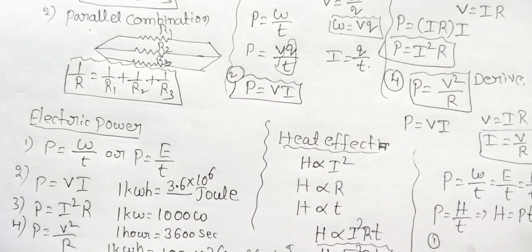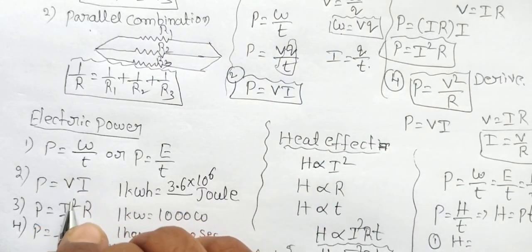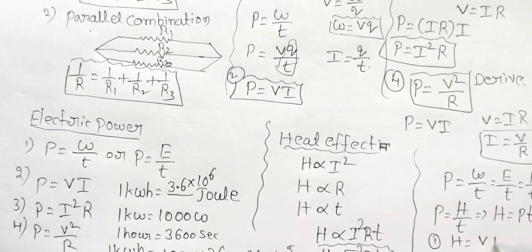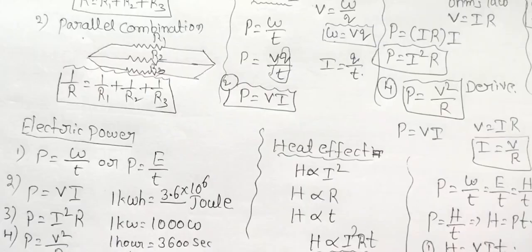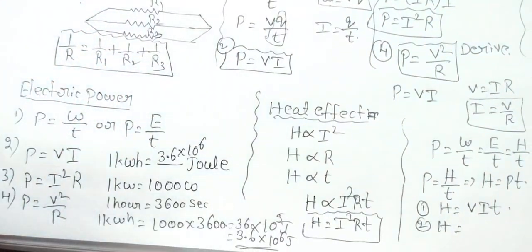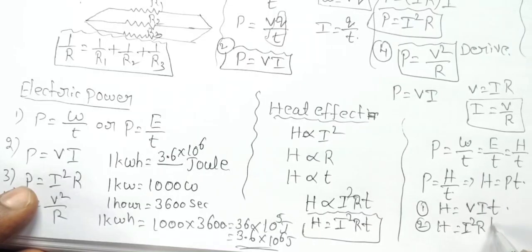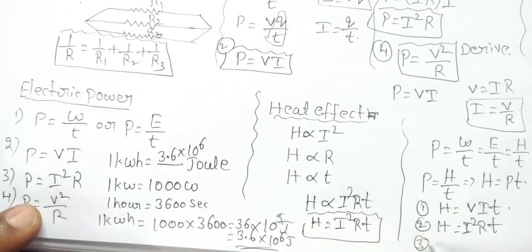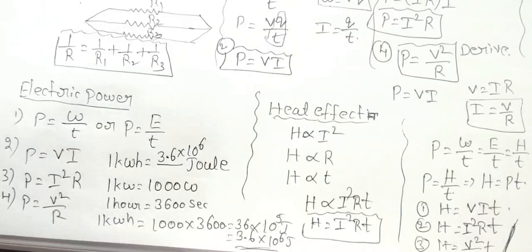Now see the first formula, in the power place we can write VI, then we will get VI into T. Second, in the power place if we write I square R, we will get I square R into T. Next, if in the power place we write V square by R, we will get V square by R into T. These are the main formulas about electricity.